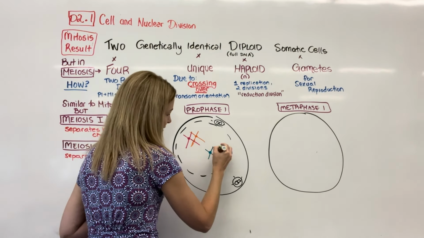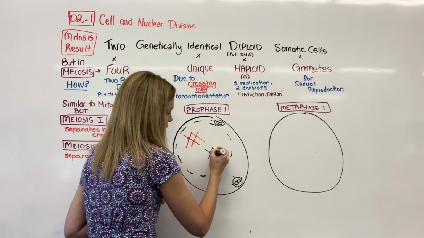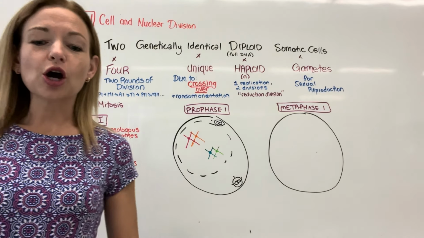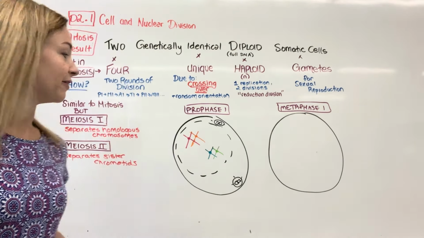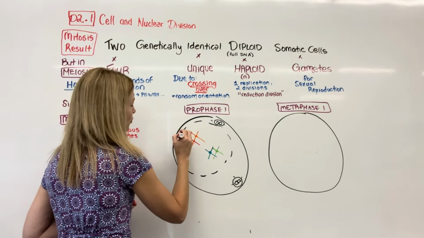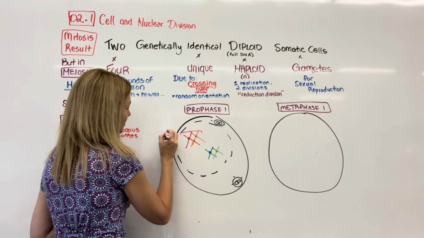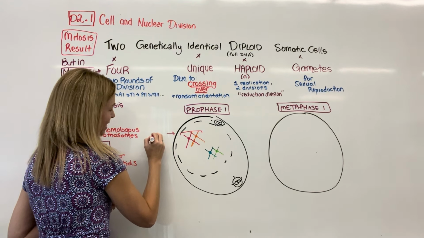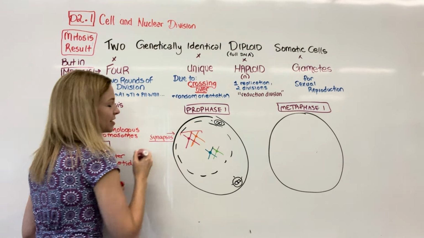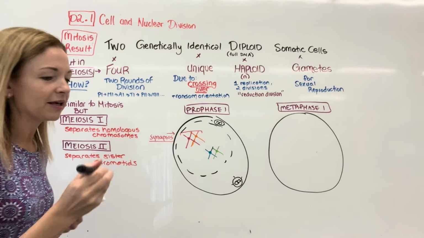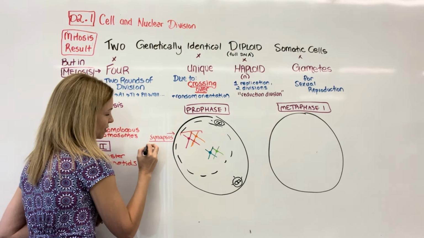Okay, so let's label a couple things there. So that's kind of the key event. This actual joining together of homologous chromosomes is called synapsis. So synapsis is going to be the pairing of homologous chromosomes.